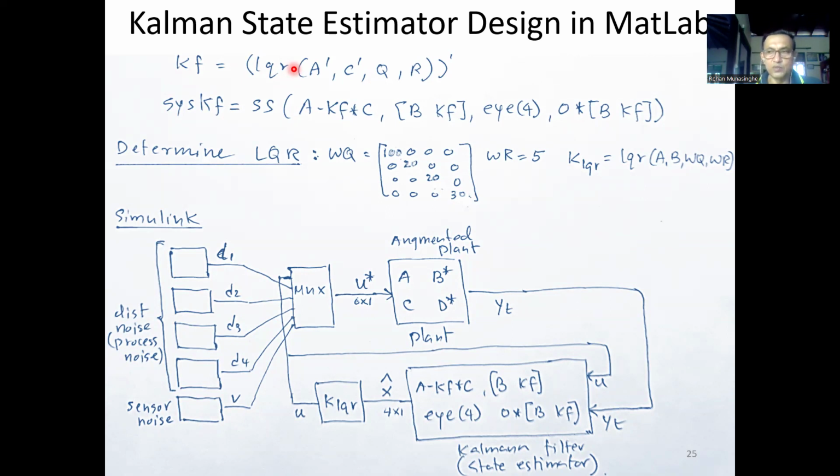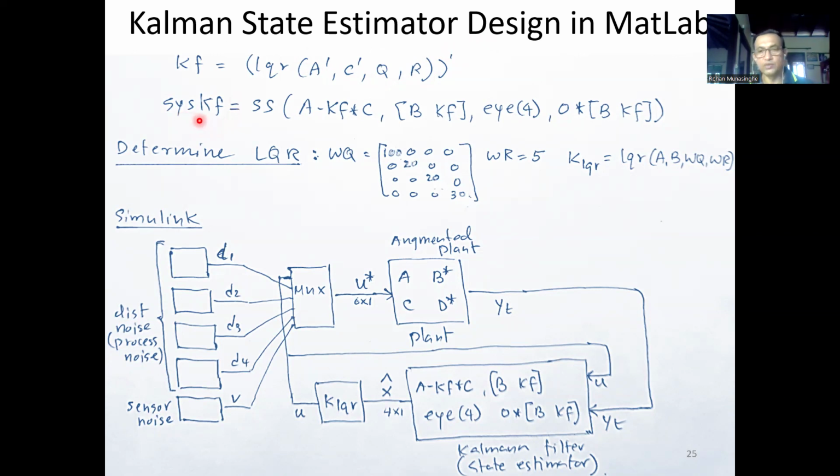For linear systems, you can design a linear quadratic regulator if you know A, C, and also Q and R, the process noise and the sensor noise covariances. So A dash, C dash, meaning transpose of A and transpose of C, and the whole thing transposed. You generate a Kalman filter using this command.